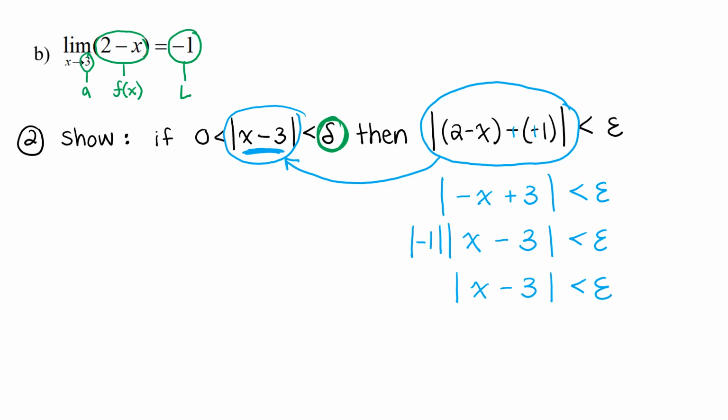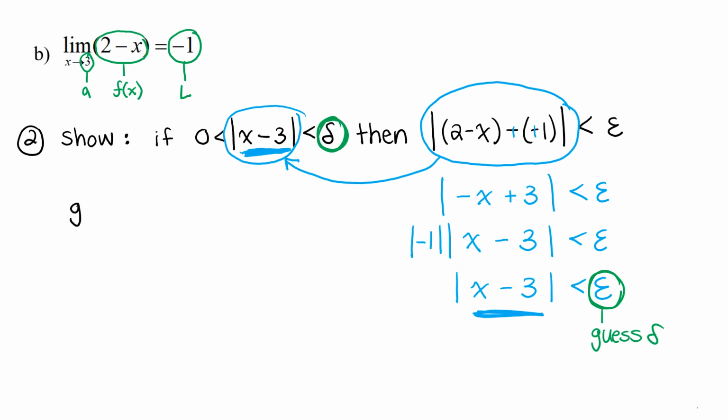So for this problem, since we now have this absolute value of x minus 3 on the other side of our inequality symbol, this lonely little epsilon here is a good guess for our delta. So sometimes epsilon and delta will actually be the same number.